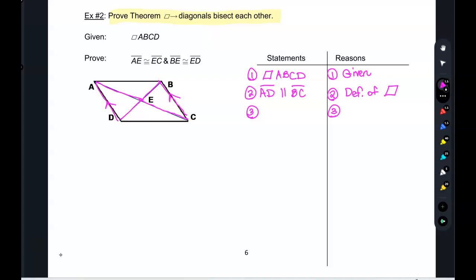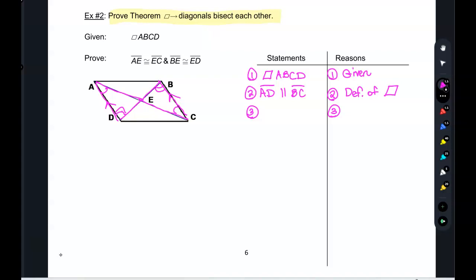Okay, let's finish this proof. What do we want to do next? Any ideas? No. Alternate interior angles. So I can actually do that angle and these two angles. Right? Do you agree? These are alternate interior angles.